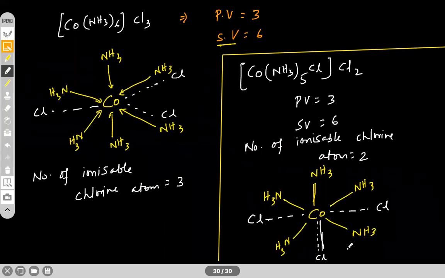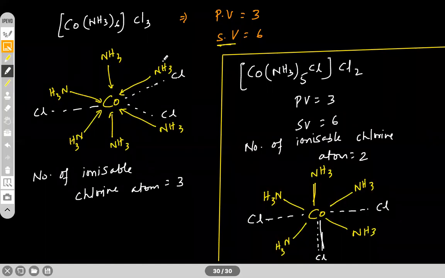Excuse me, sir, in the first structure, while writing the chlorine atoms, how should we know between which ammonia molecules we should write the chlorine? Anywhere you place it, it is non-directional. It doesn't matter. Wherever you feel like, place it there.